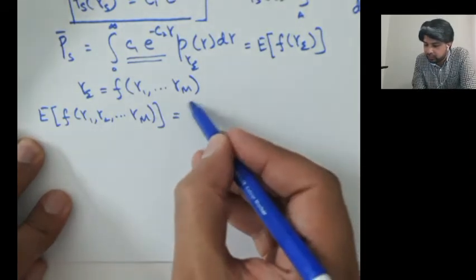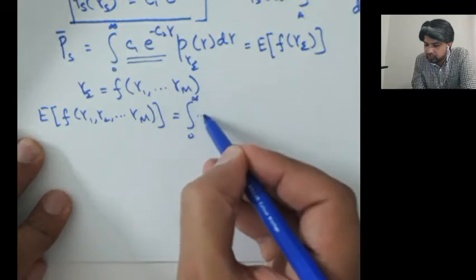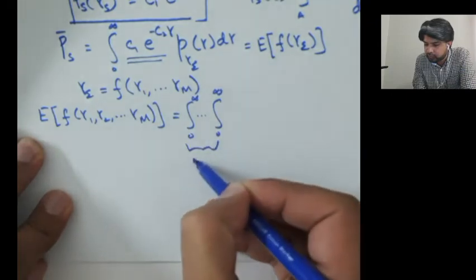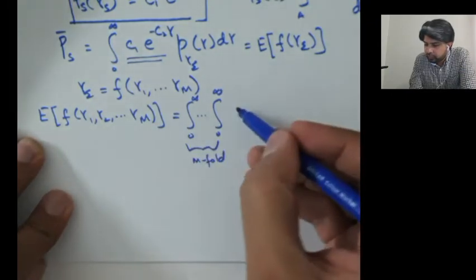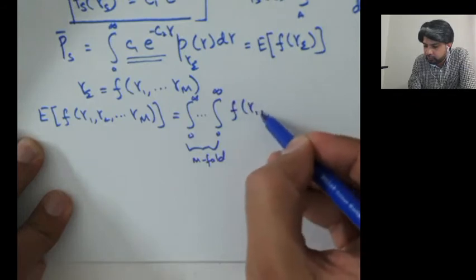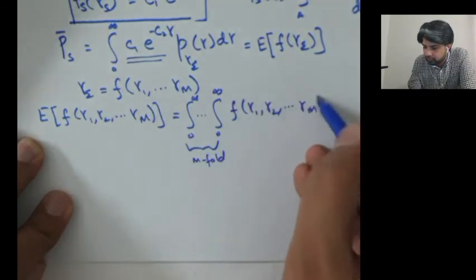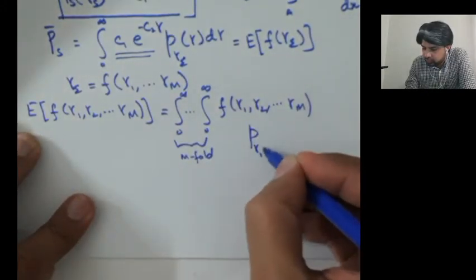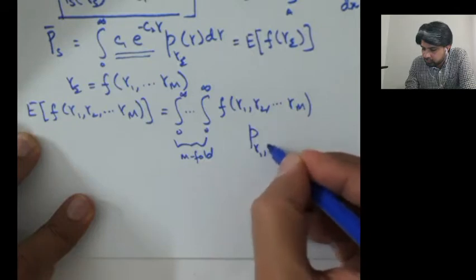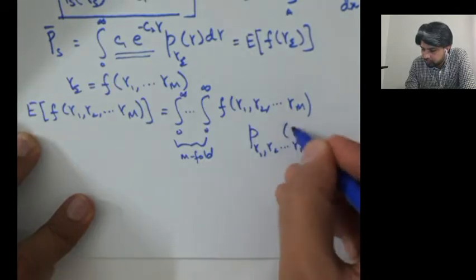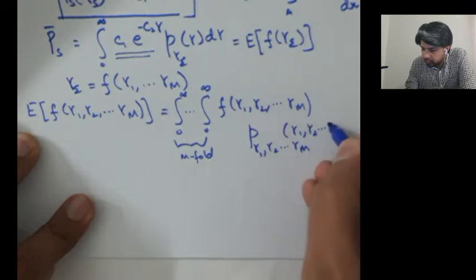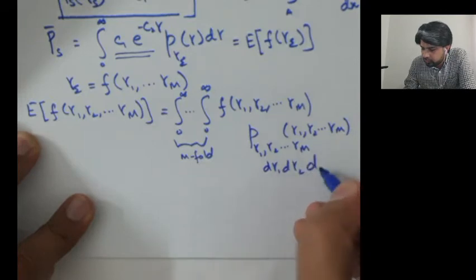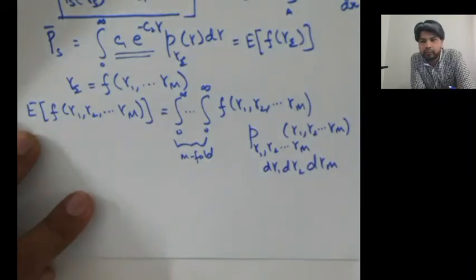You can write it as an M-fold integral from 0 to infinity of your function f of gamma_1, gamma_2, gamma_M, times the joint distribution P of gamma_1, gamma_2, gamma_M, times d gamma_1, d gamma_2, d gamma_M.